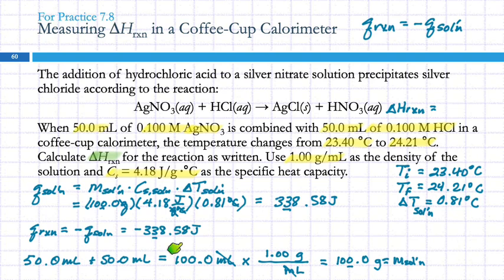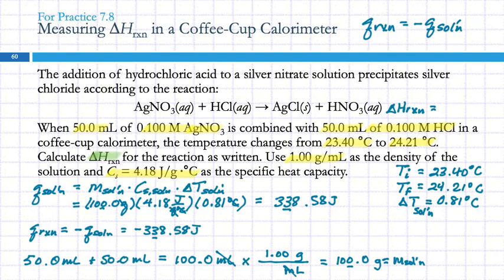That's the heat for this specific volume and concentration. But we want to know how many joules per 1 mole of silver nitrate. So I need to take this amount of joules and divide by the moles of silver nitrate.